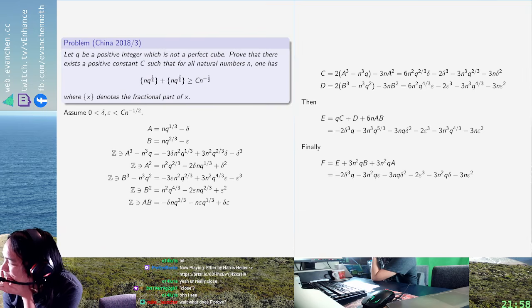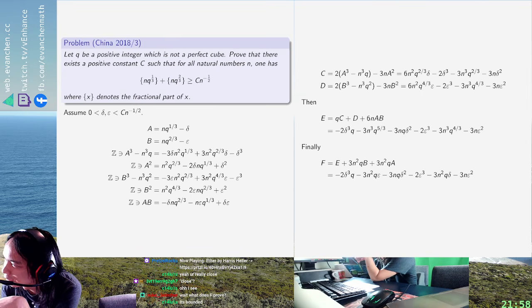Is this really it? I feel so nervous because, like, if any of the exponents is wrong, I'm just dead. But I don't think any of the exponents are wrong.